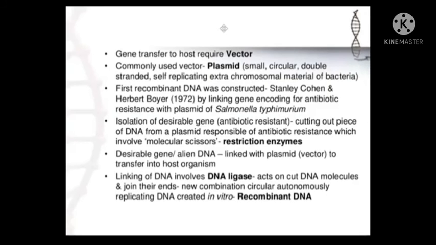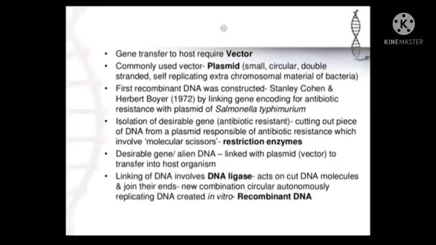Linking of DNA means they have taken and isolated this DNA and are now attaching it into the plasmid DNA. It has to get attached, it has to be pasted. The molecular scissor endonuclease cuts that, and the gum which joins the ends is DNA ligase.